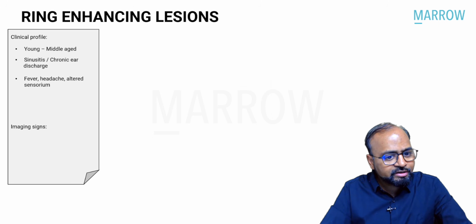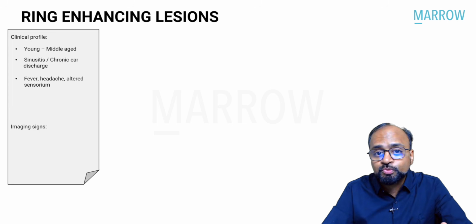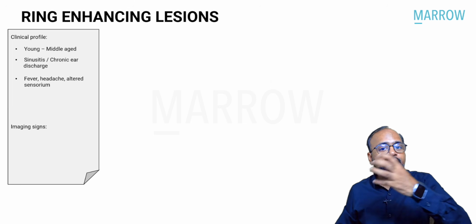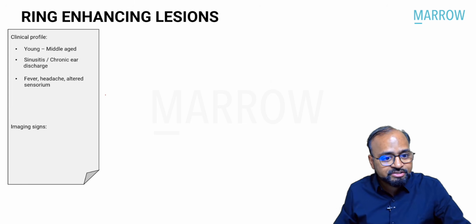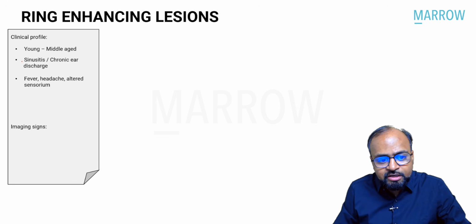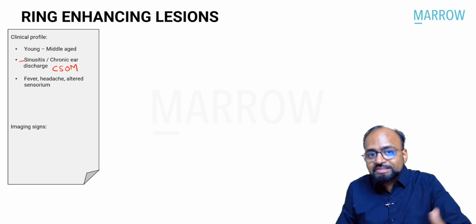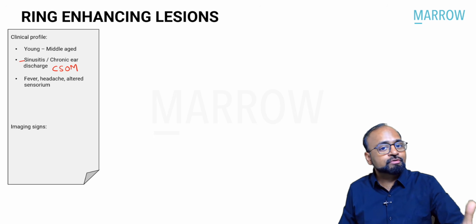Now, you have a young or middle-aged patient who presents with some infection or reservoir of infection in the nearby structures such as the paranasal sinuses. So the patient may have sinusitis, or there could be chronic ear infections or ear discharge pointing towards CSOM. So this is that adjacent source of infection or reservoir of infection.